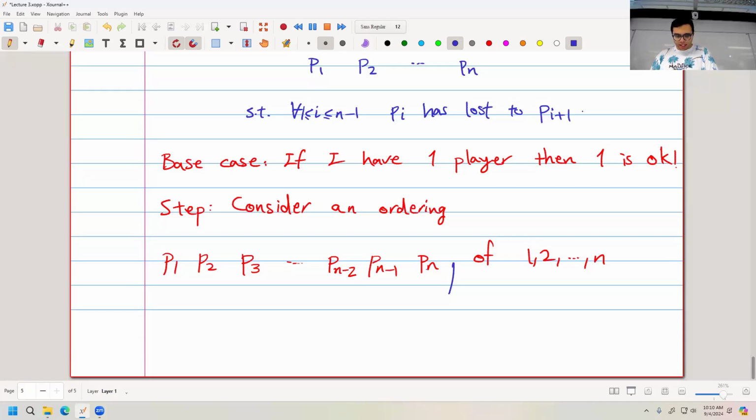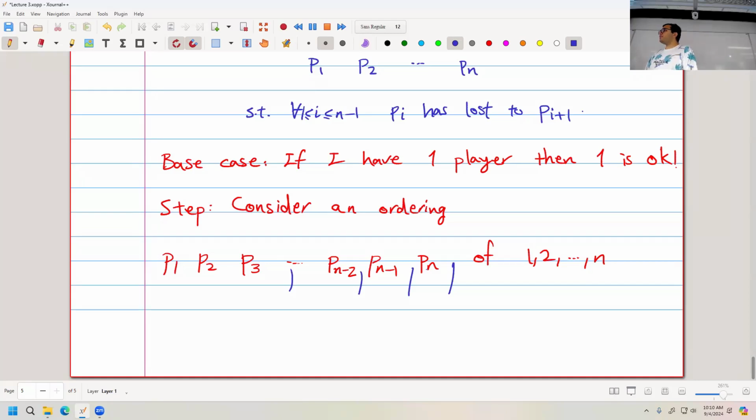Can I add my player n plus 1 here? Because player n plus 1 has lost to Pn, I just have to check whether player n plus 1 has won against Pn minus 1. And if that's the case, I can insert it. Well, I keep doing the same thing until I get to the beginning of my list. And if I find somewhere at some point where I can insert a new player, I would be happy.